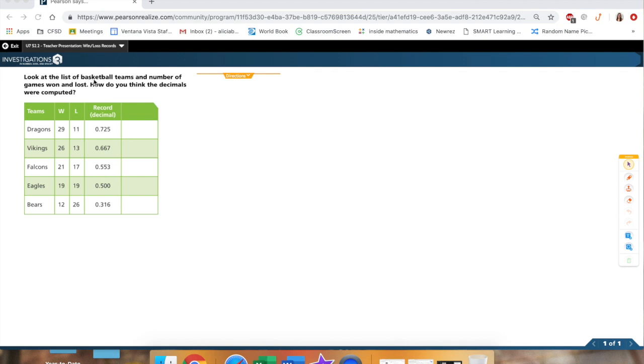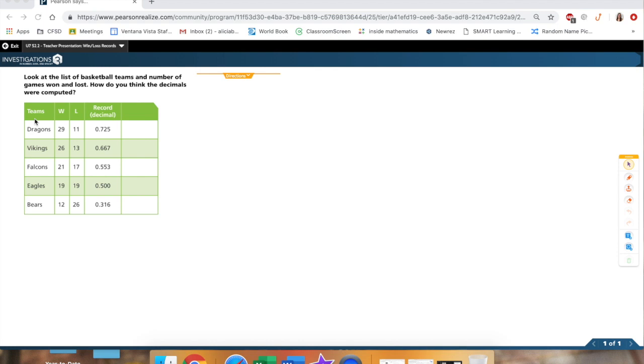It says, look at the list of basketball teams and number of games won and lost. How do you think the decimals are computed? So here's a list of some middle school basketball teams and the numbers of games that they won and lost during one season. Look at this list by yourself, not with a partner, sorry.